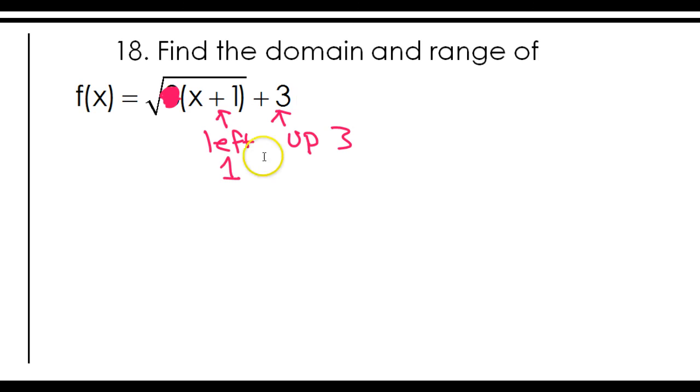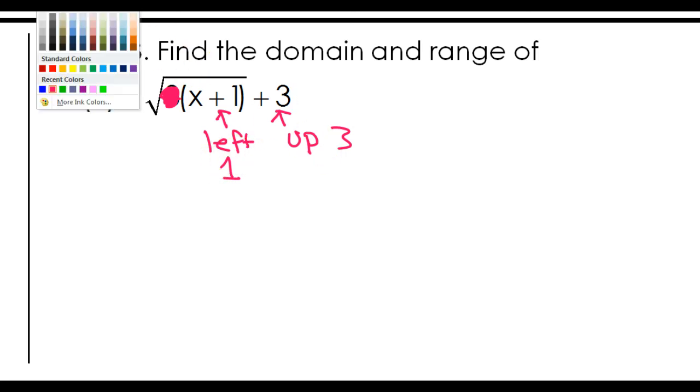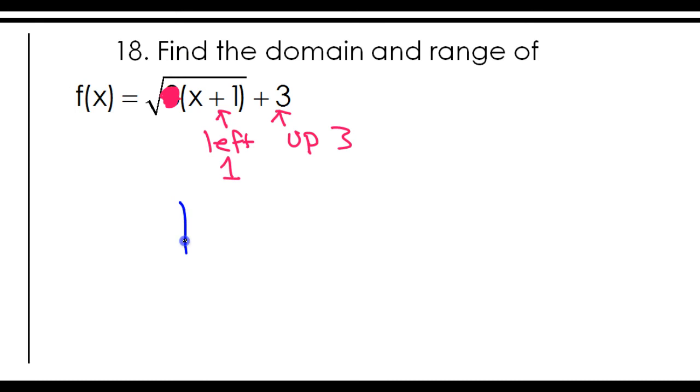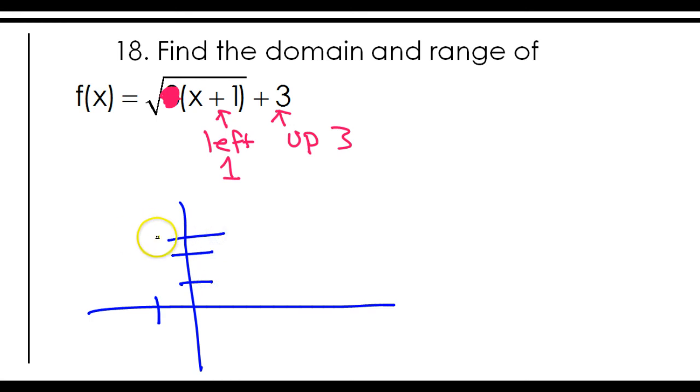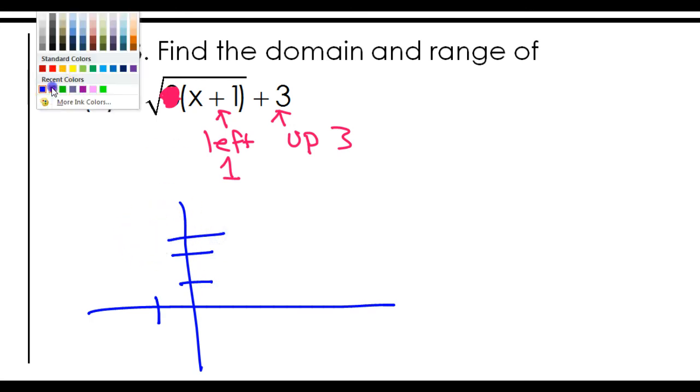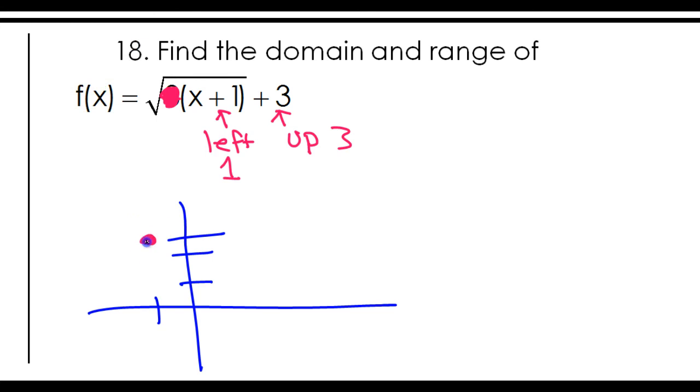Okay, so if I go left 1 and up 3 with this thing, then what am I talking about? If I went left 1, up 3, 1, 2, 3, I'd be talking about a graph that is here and then does its thing from there.